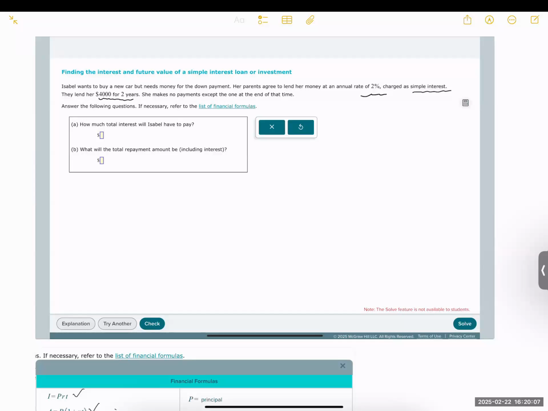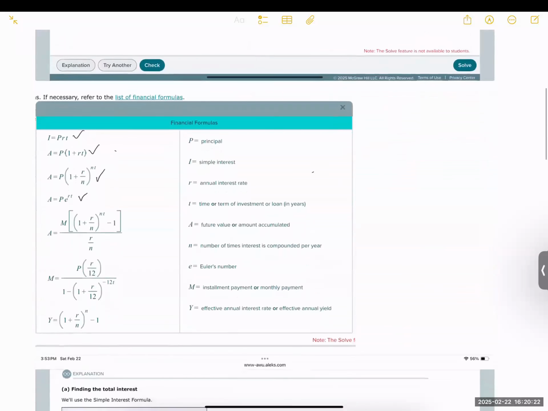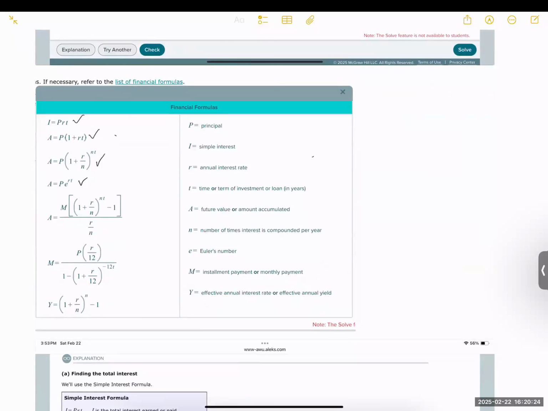And she's charged simple interest. Her parents lend her $4,000 for 2 years, and she makes no payments except the one at the end of that time. So again, I recommend that you look at the formulas in case you forgot them. And based on the other example, you could choose if you want to use the first simple interest formula or the second one.